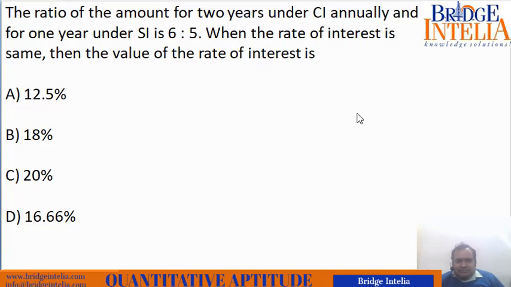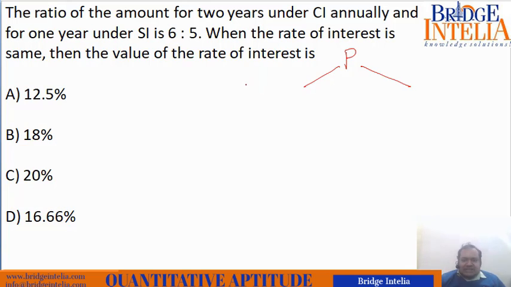So now let's see this one. The ratio of the amount for 2 years under CI annually and for 1 year under SI is 6:5. When the rate of interest is the same, find the value of rate. What this question is actually trying to say is that, let's suppose you have an amount P. You have two different approaches.